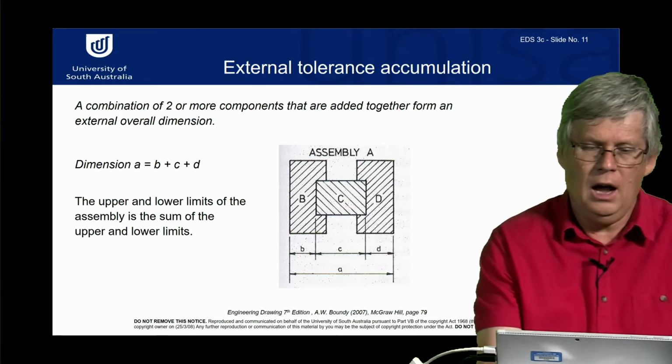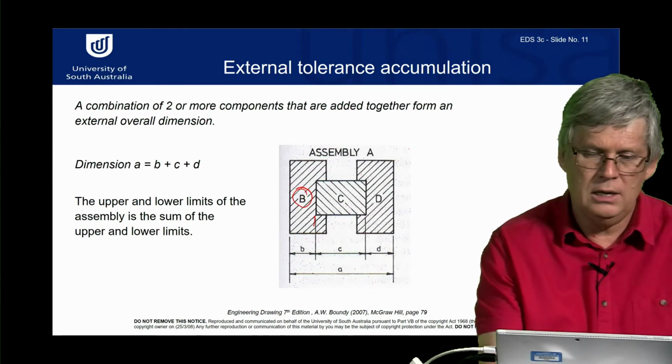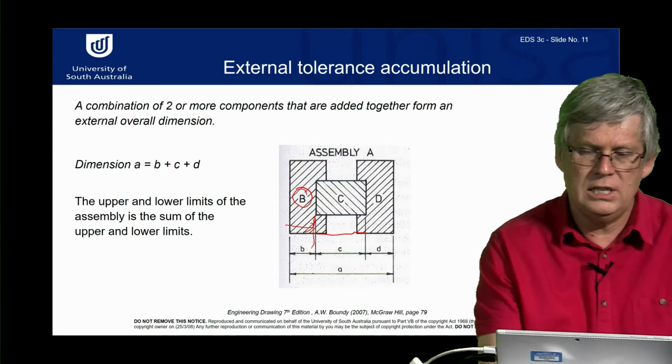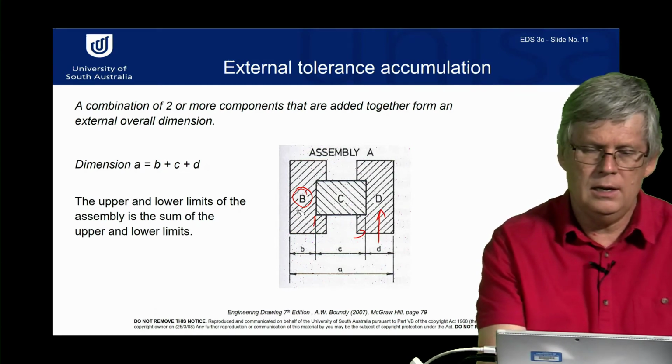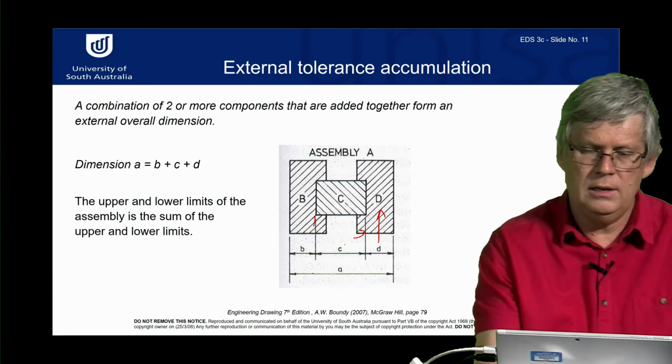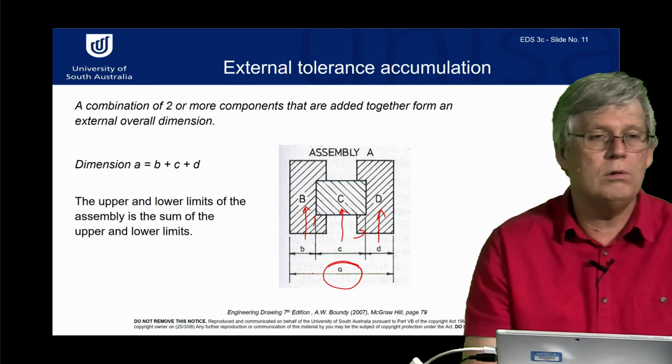So you can see item B is here, has a dimension B to here, which fits with item C over here, which fits with item D. So you can see that dimension D talks to the size D, C is size C, B is size B. A is the overall size.